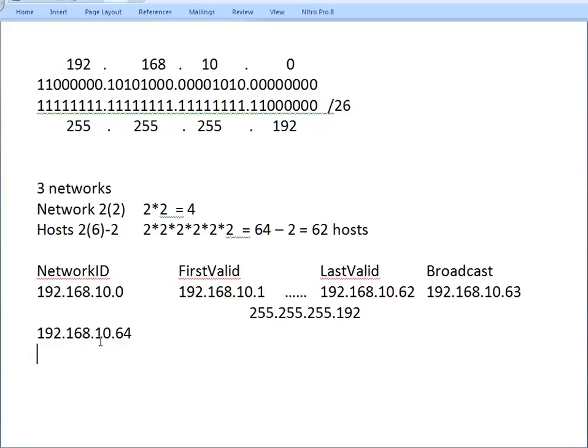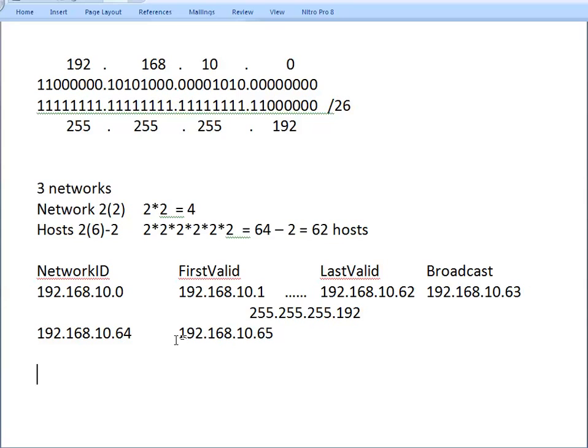Next network is 192.168.10.64. The first valid address is this plus 1, so the first valid address will be 192.168.10.65. To find the last valid address and the broadcast, it's easy if you find the next network ID.